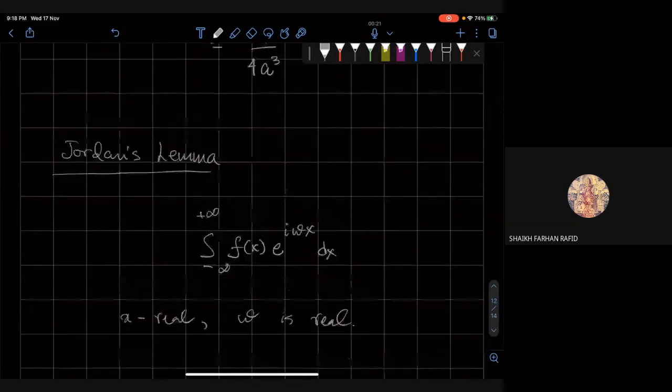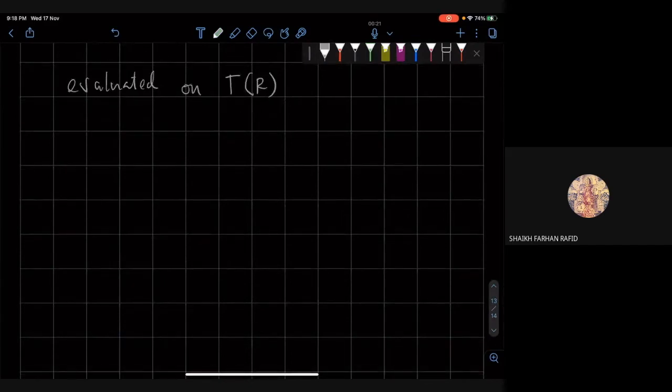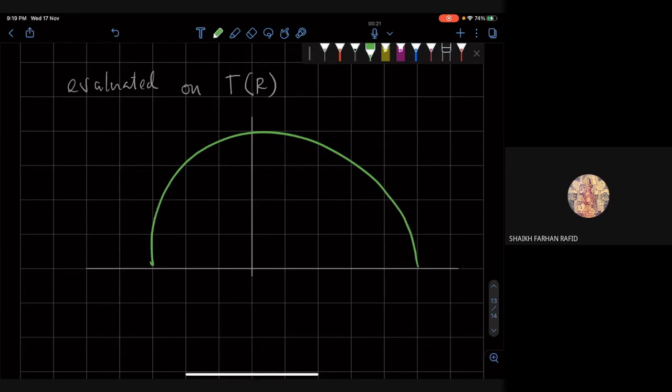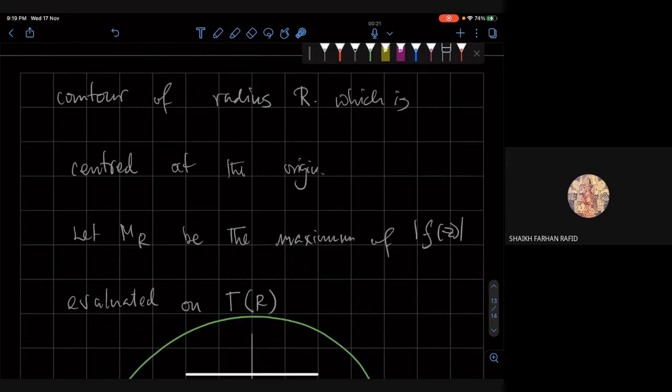So let's take it to be on the upper half plane. So we have some semicircle like this, or this is not a very good semicircle. And this is radius r. And we can say, okay, let's look at this function over this contour, and the highest real value of this guy is m of r. Okay, that's just m of r.